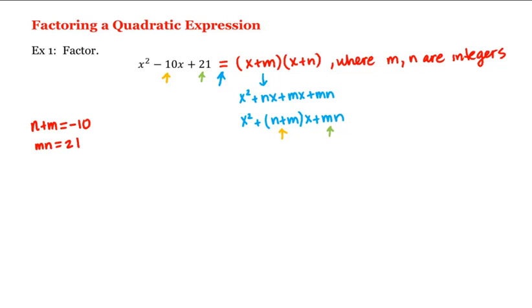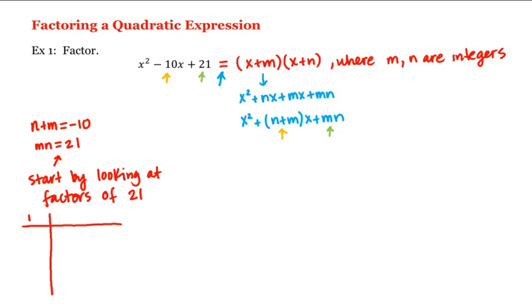So let's start by looking at some factors of 21. And whichever factors of 21 add up to give us negative 10 will be the m and n we're looking for. So let's make a table here.